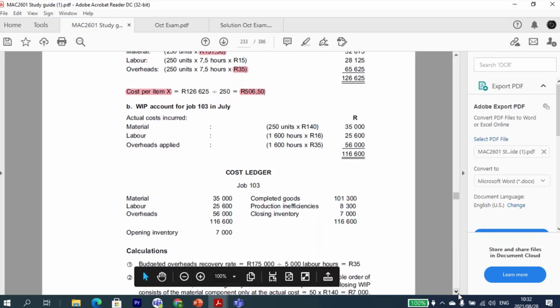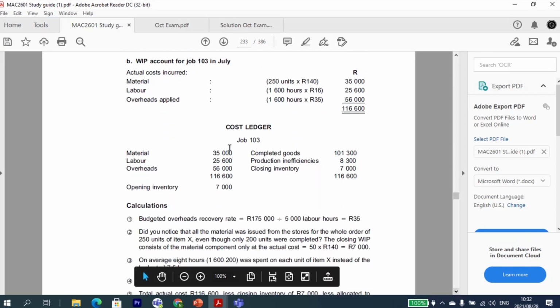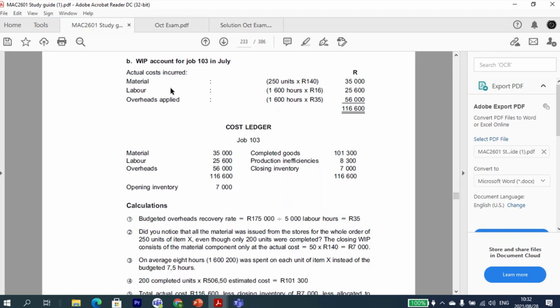When it comes to the WIP account, you must recall that they told you that for job costing, completed units are based on estimated, whereas the work in progress was based on actuals. So for WIP, you give them based on actual incurred.